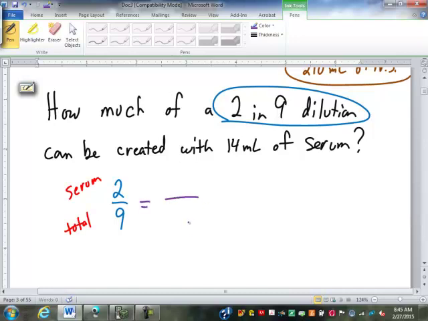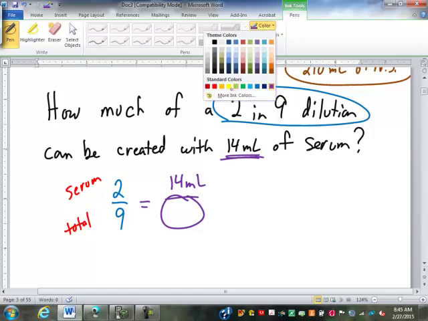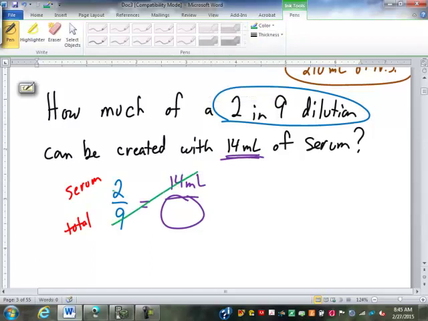Looking up here, we have the 14 milliliters. What does that represent? That's your serum. So that goes up here with the 2. Now, whatever we get here will be the total solution. Is that what we're looking for? Yes, it is. So we'll cross multiply 9 times 14 divided by 2. Looks like we can create 63 milliliters of solution.